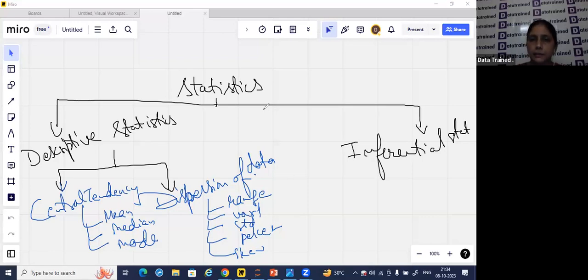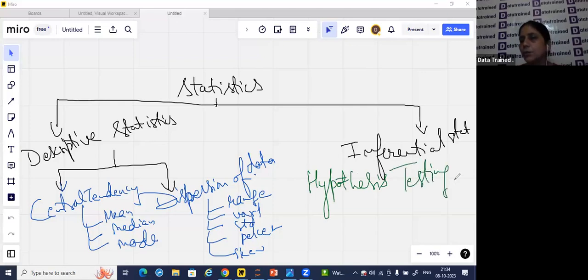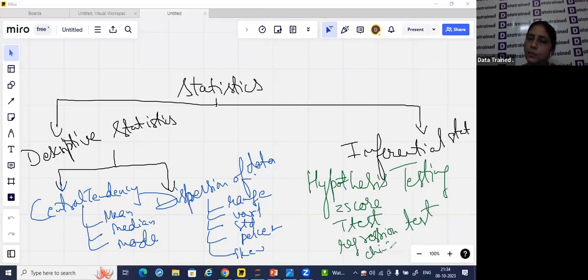So when we talk about the inferential statistics, we do have hypothesis testing. Under the hood of the hypothesis testing, we do have z-score, t-test, regression test, chi-square test, ANOVA test, ANOVA, MANOVA, MANCOVA.